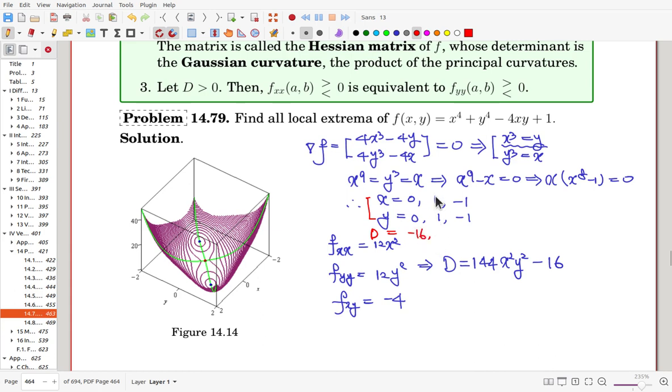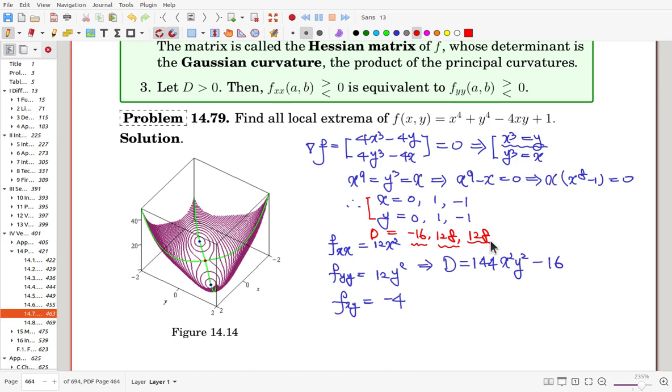Now x is 1, y is 1, and then that one is 144 minus 16, which must be 128. Again, for x is minus 1, y is minus 1, the same value, 128. So at the first point, it must be a saddle point. At the second point, it must be a local minimum. Again, another local minimum. Right?